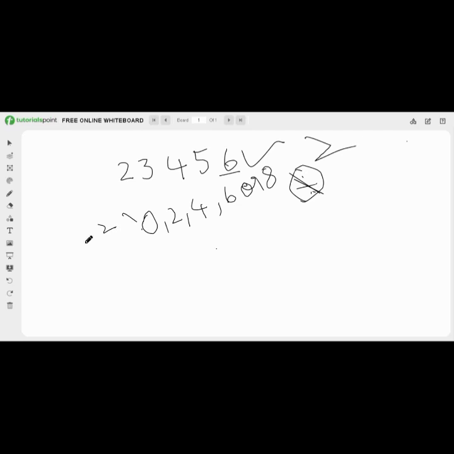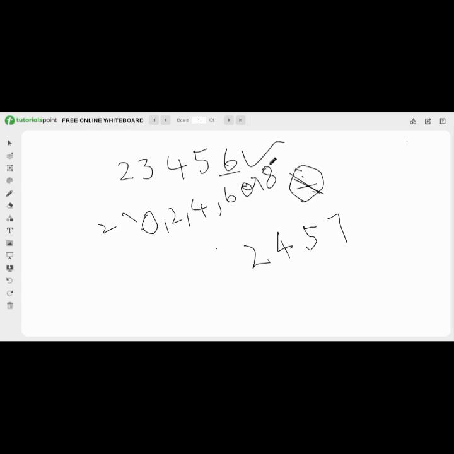Let's take another example. 2, 4, 5, 7. Is it divisible by 2?